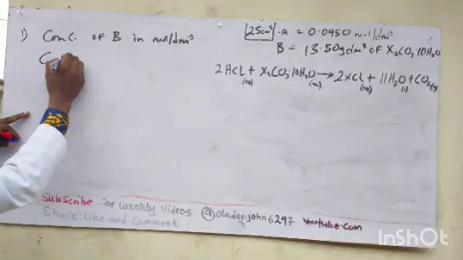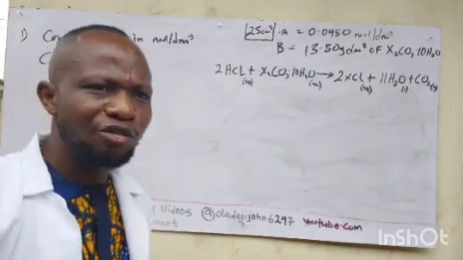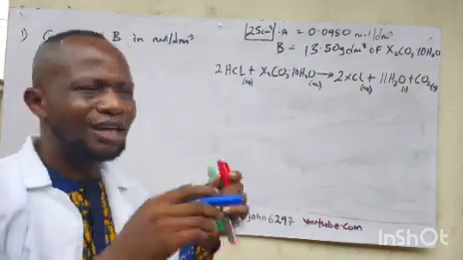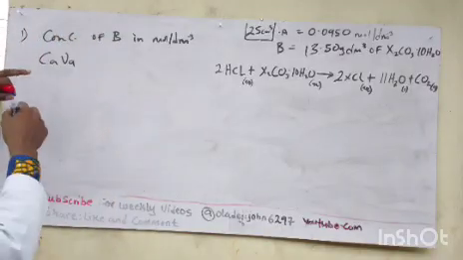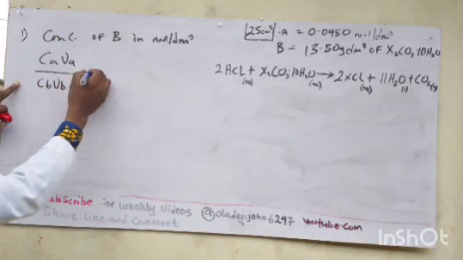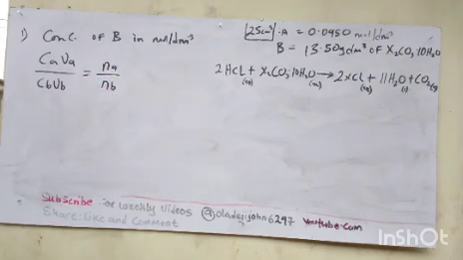We have CAVA. I always tell my students, always define your formula, then find out what you have, what you need, and what you are looking for. Now, CAVA over CBVB equals Na over Nb.